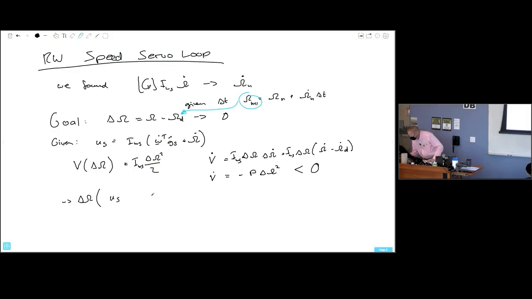So all this stuff times this is going to be nothing but us minus IWS omega dot GS hat. So that's this term. Then I have minus IWS omega d, and I factored out del omega. That's those two. And if this is equal to this, I'm going to bring this over to the left-hand side, factor out del omega. So you get your classic feedback term, P times del omega. This whole thing has to be 0.